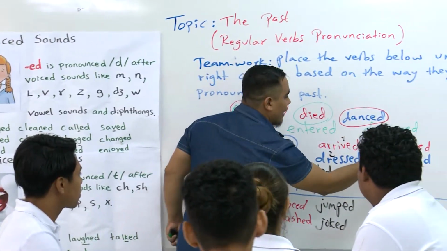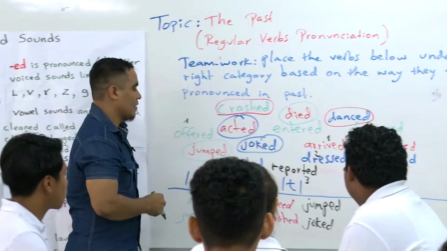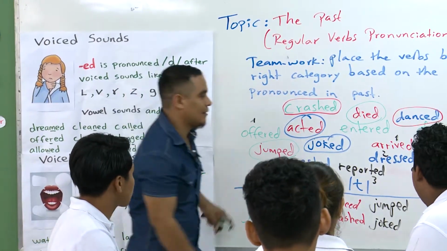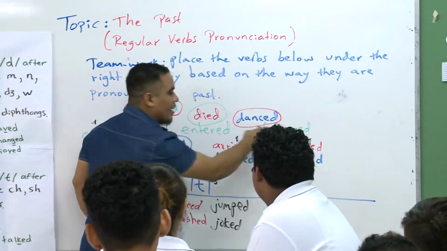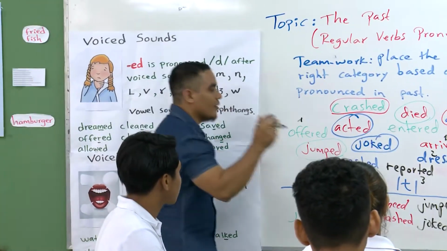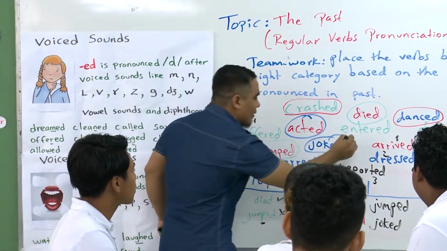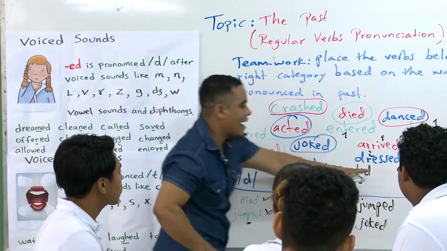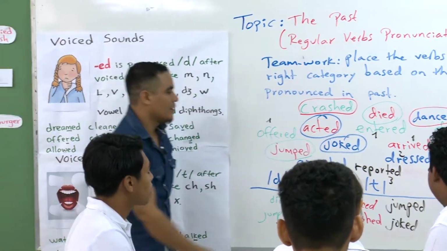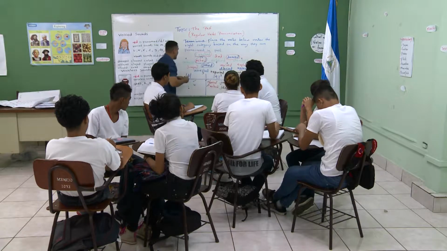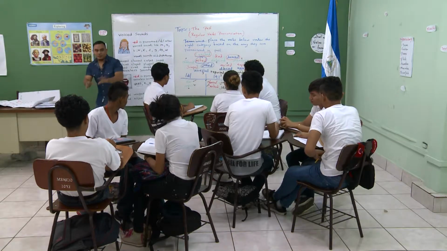Number 1. Explained. Okay. Damaged. Number 1. Entered. Okay, what else? Changed. Number 1. Okay, good.